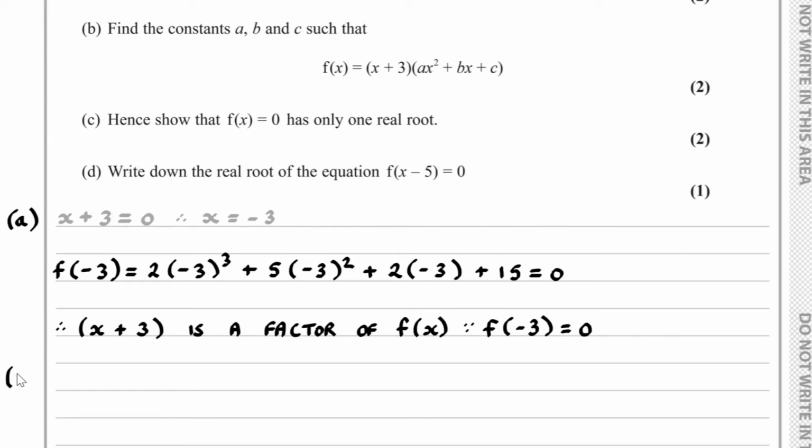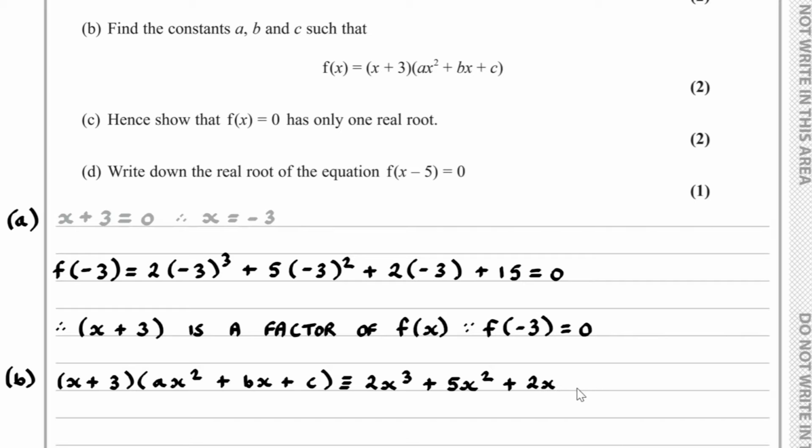So, for part B of the question, we have x plus 3 being multiplied by ax squared plus bx plus c, and the result of this is f of x, which we know to be 2x cubed plus 5x squared plus 2x plus 15.